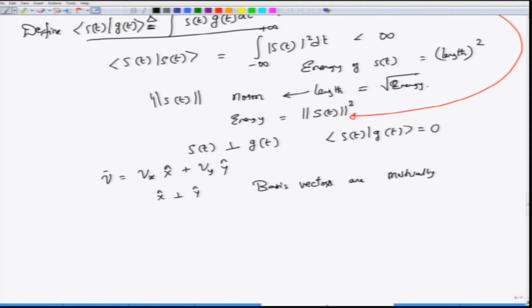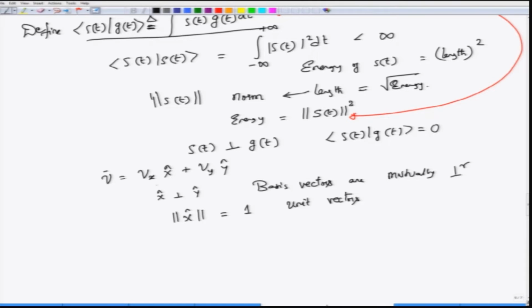If you consider the 3-dimensional case, then x is perpendicular to y, x is perpendicular to z, y is perpendicular to z, so they are all mutually perpendicular to each other. Moreover, the length of vector x, or the norm of the vector x, is 1.